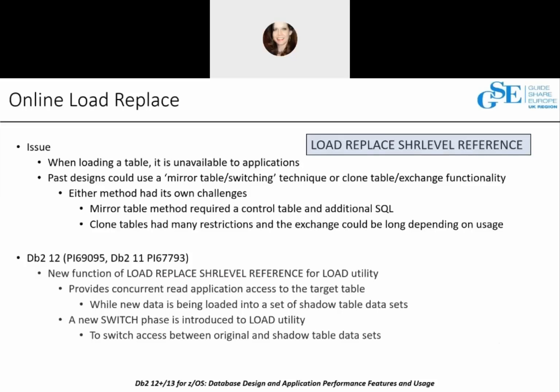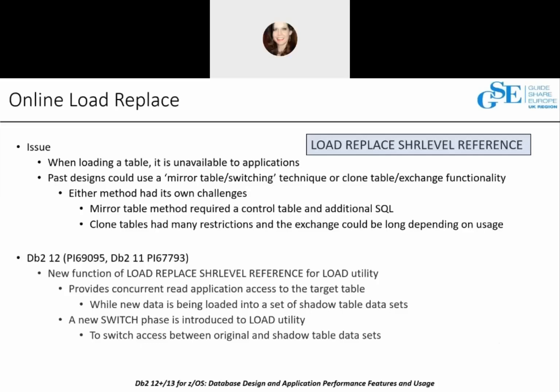Many of you probably said, well, I've done that through clone tables. That's another option we can do. However, those have restrictions too, and they can come along with outages when you're going through that switch process.